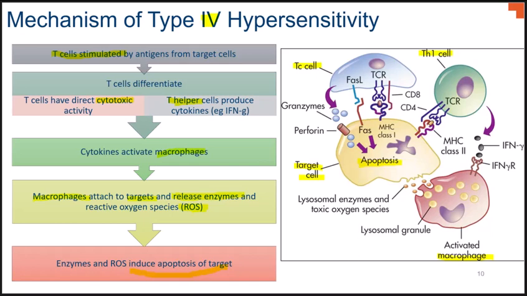Please remember that on the previous slide, I had mentioned that skin graft rejection is a type 4 hypersensitivity. This is also true of transplantation of other organs. So if somebody rejects an organ, the primary mechanism of the rejection of these transplanted organs is a type 4 cell-mediated reaction.